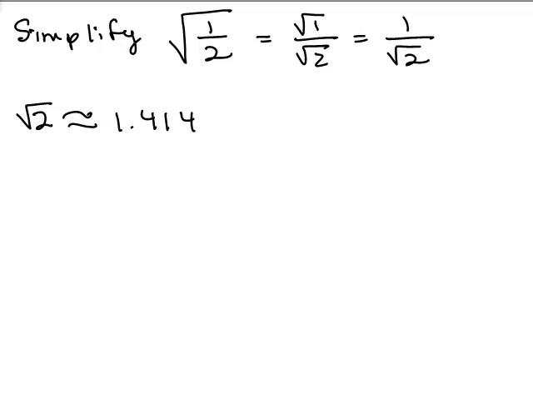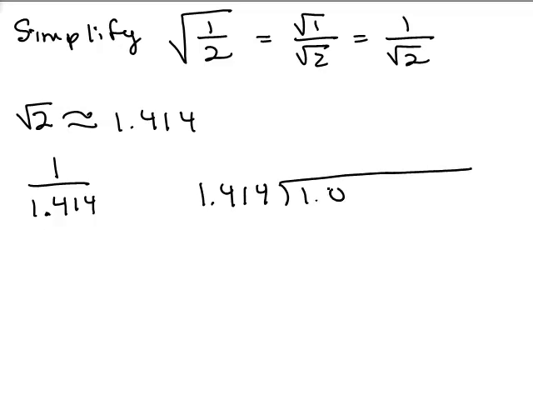And somebody says, well, I want to approximate what 1 over square root of 2 is. Well, that means that I could take and compute 1 over 1.414 and get sort of a rough idea what that is. And again, if I'm not using a calculator, think about this. This kind of becomes a long division problem, right? I don't know how many places I'm going to have to go. You got to move the decimal here 3 to the right, correct?